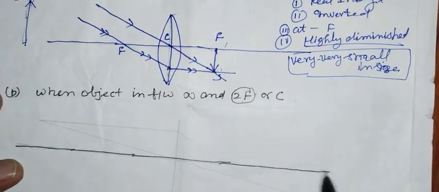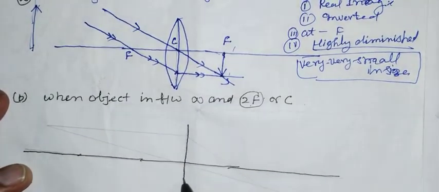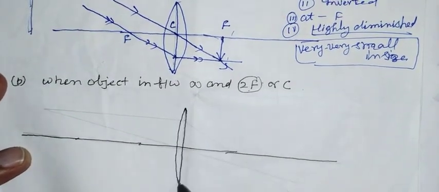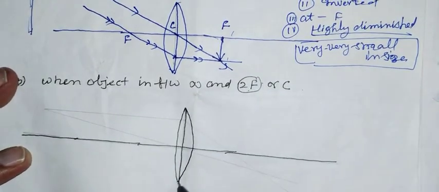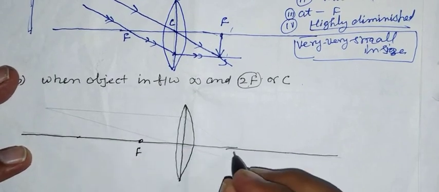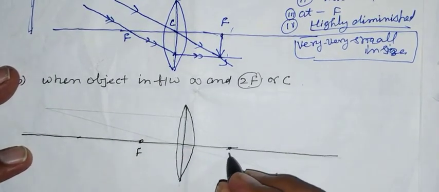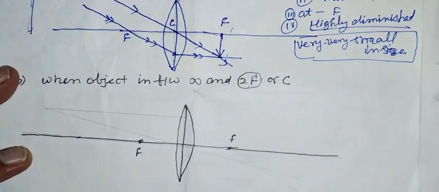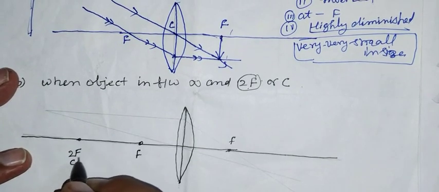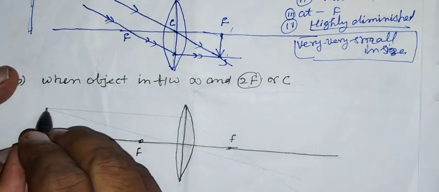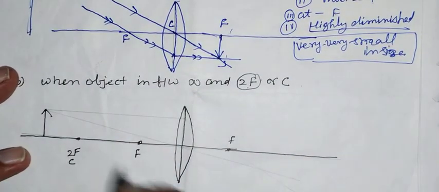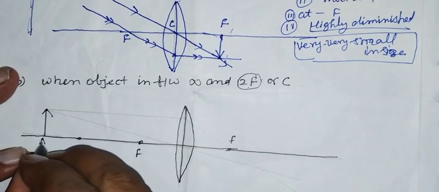This is the convex lens, the focus point, and 2F is called C. Let an object AB be here.